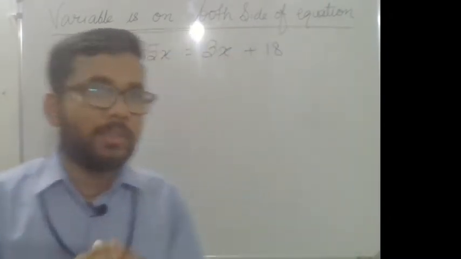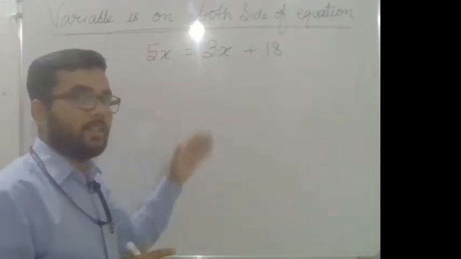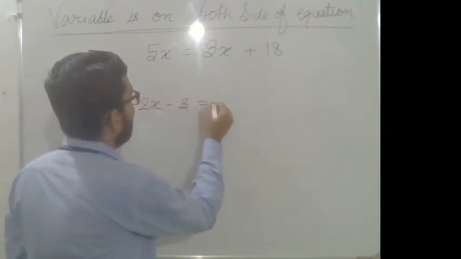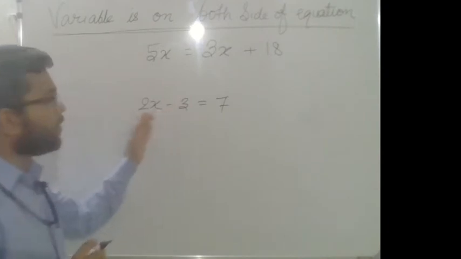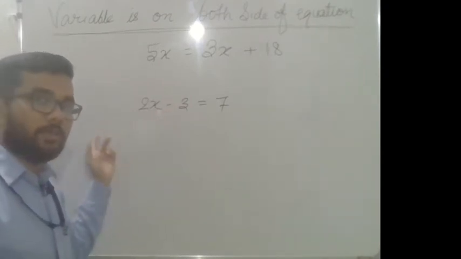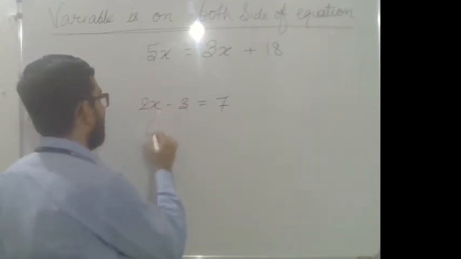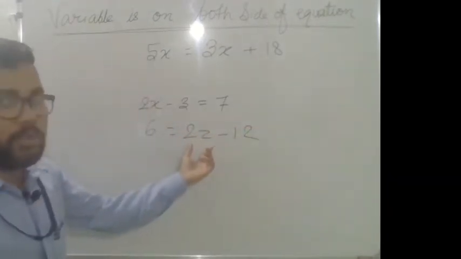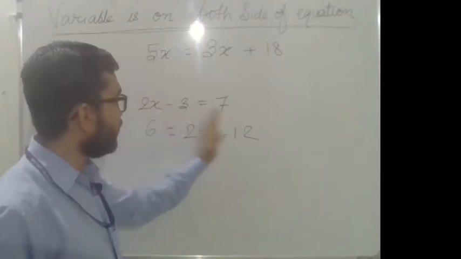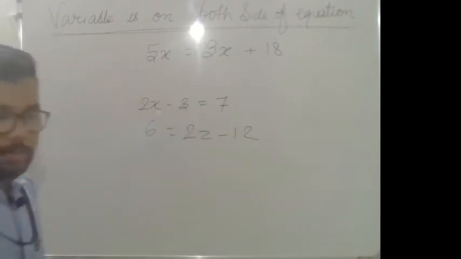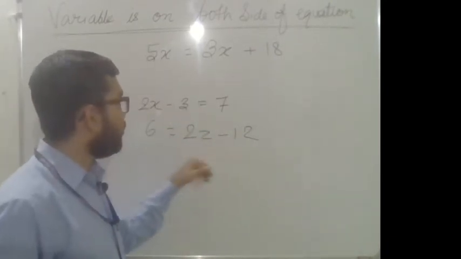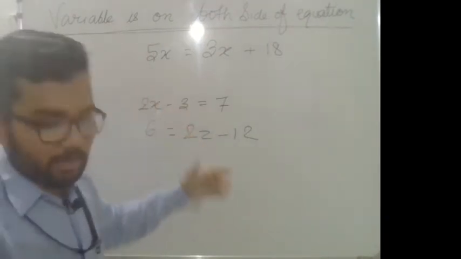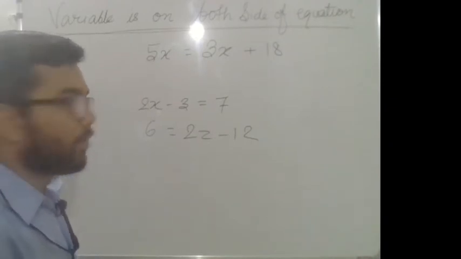Till now you have seen that variables occur on only one side, like the example x is equal to 7, or 2z minus 12, where z is a variable on only one side. So we have seen how to solve the equation when variables occur on one side.